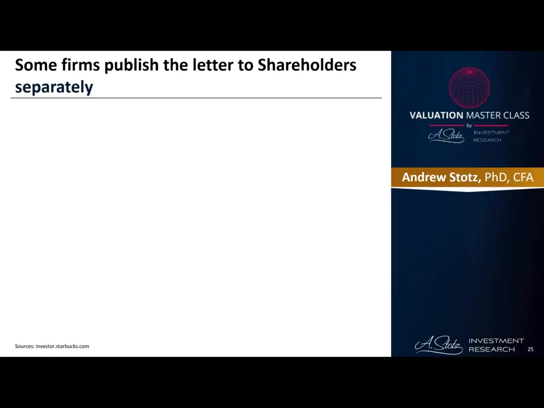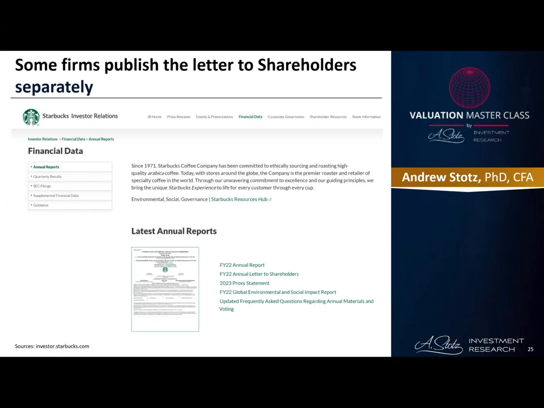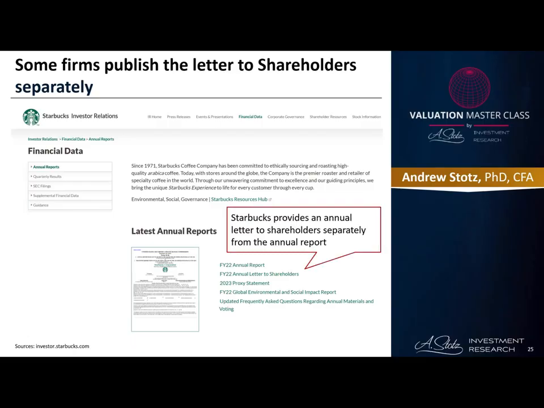But there are some firms that publish the letter to shareholders separately as well, like the Starbucks company. If you look at the first line and the second line here, the first one is the annual report, right? But they separately provided the letter to shareholders in the second line link.